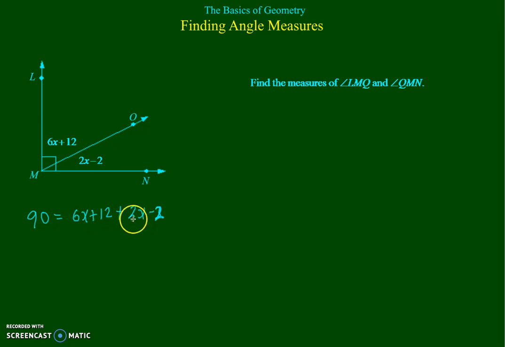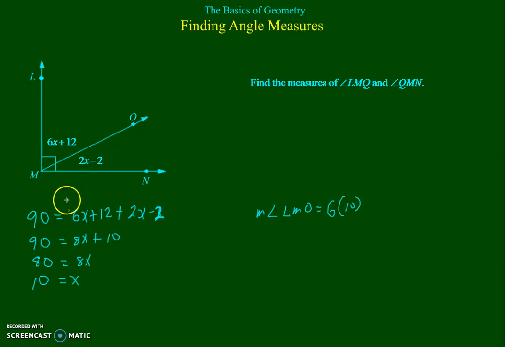All right, 2 plus 6 is 8, so 90 equals 8x. 12 minus 2 is 10. Subtract 10, 80 equals 8x. Divide by 8, 10 equals x. Now let's go ahead and say the measure of angle LMO equals 6 times 10.